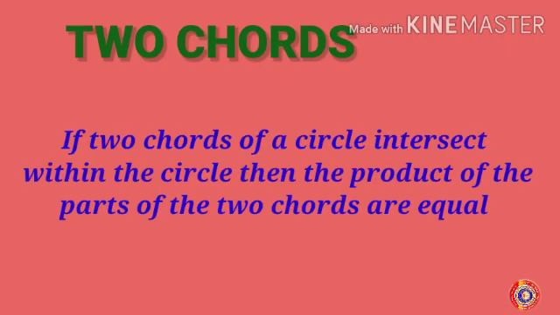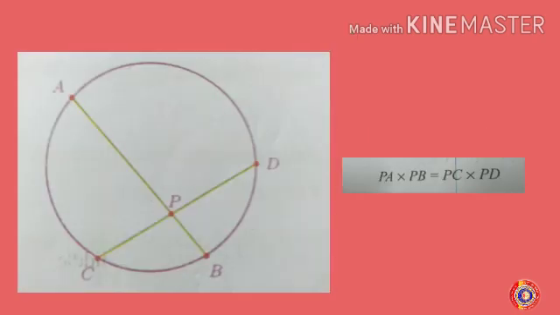Next section, two chords. If two chords of a circle intersect within the circle, then the product of the parts of the two chords are equal. Okay. Here AB and CD are two chords.